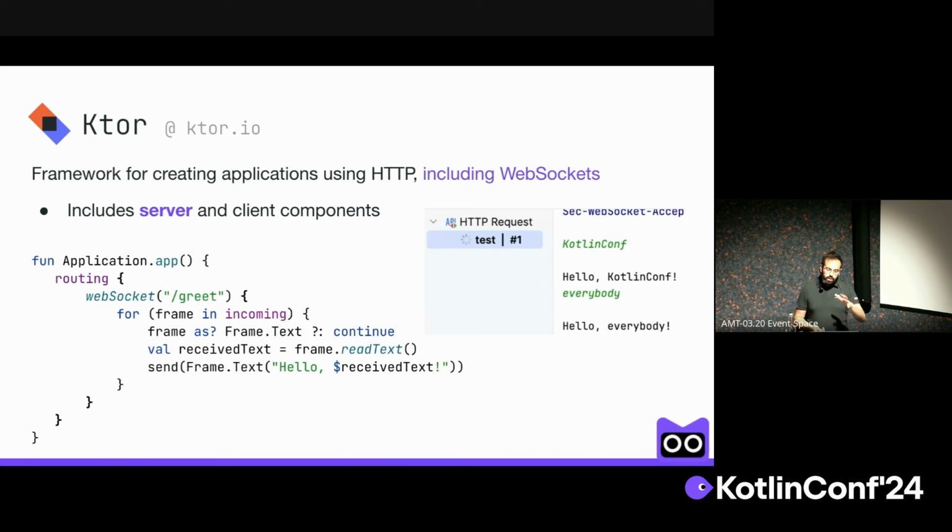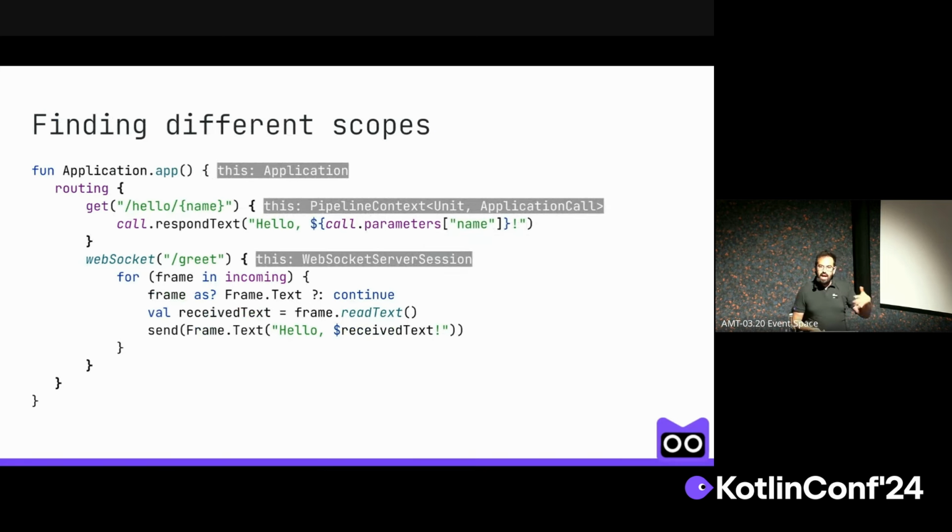The reason I'm telling you this is because I actually want to show you that these different things go into different scopes. So let's look here at a combination of these two simple applications. I have my application, that's the whole scope of it, and inside of it I have two routes. I have the get one, and then the WebSocket one, and I'm again making explicit what the receiver type is.